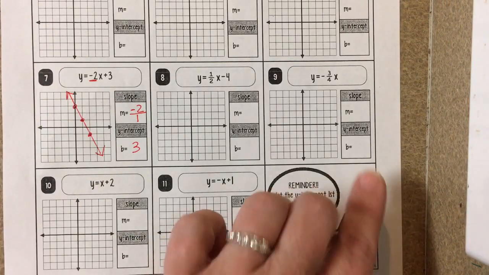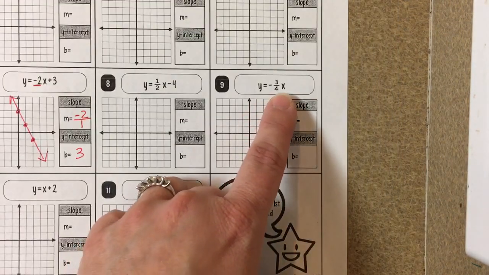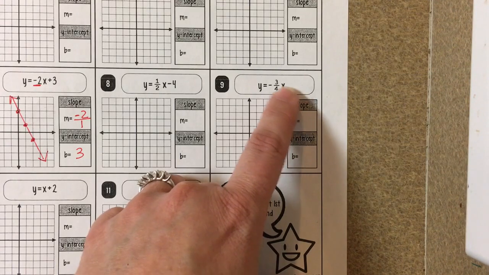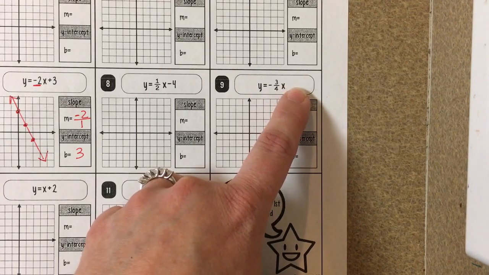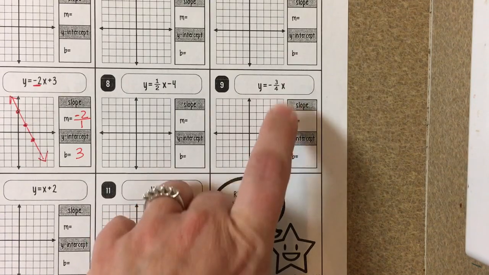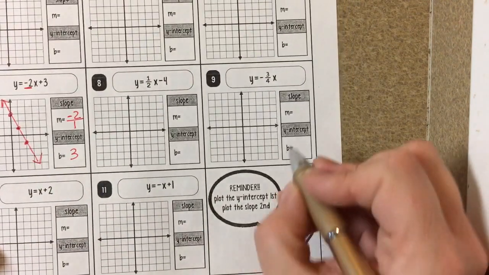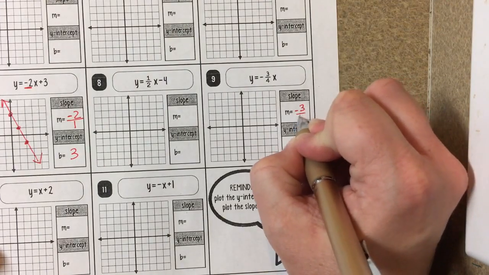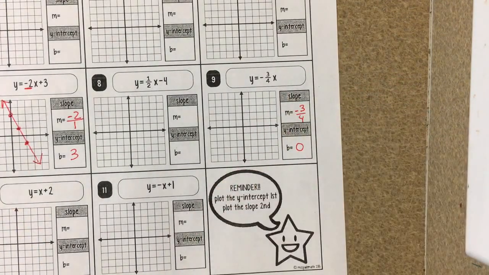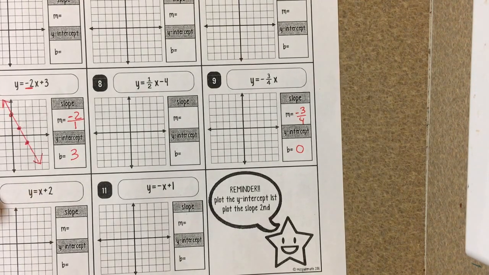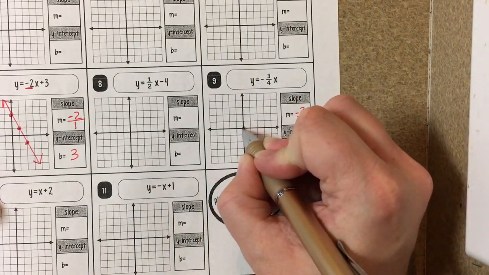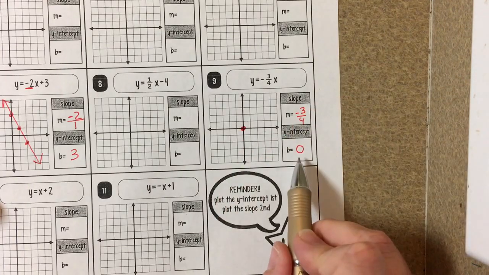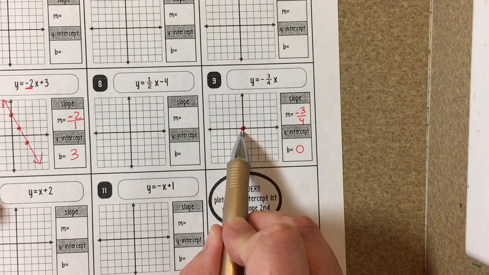All right, let's look at number 9 really fast. On number 9, there's not a number for the y-intercept because it's 0. So your y-intercept would be 0. And your slope is going to be that negative 3/4, that number in front of the x. So that means that it's going to cross at the origin. Okay, since the y-intercept is 0, it's going to be at 0, 0.